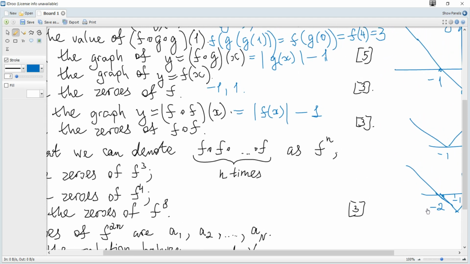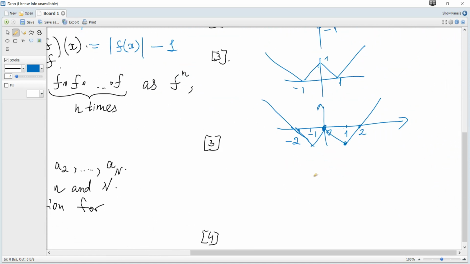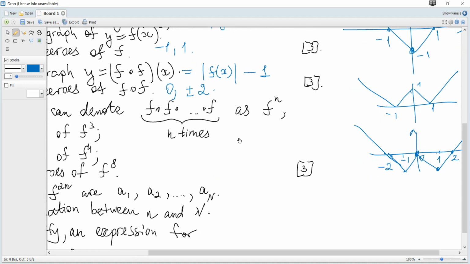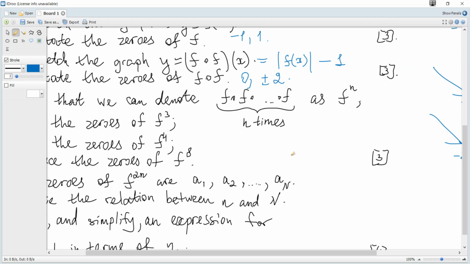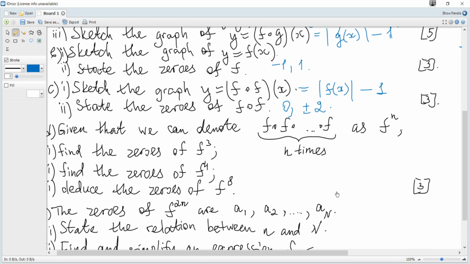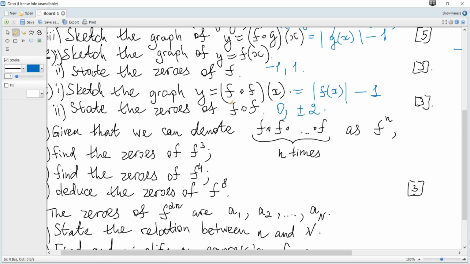So the zeros of f of f are 0 and plus or minus 2. The next, sketch the graph.